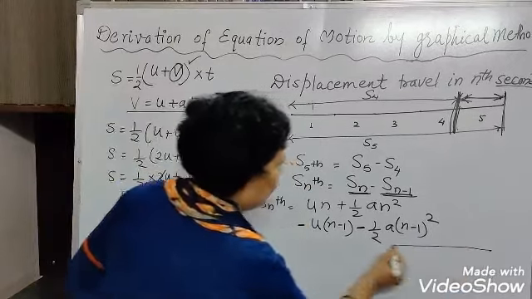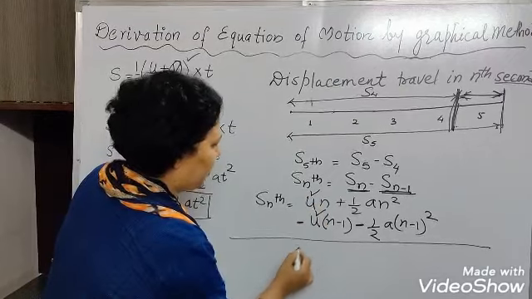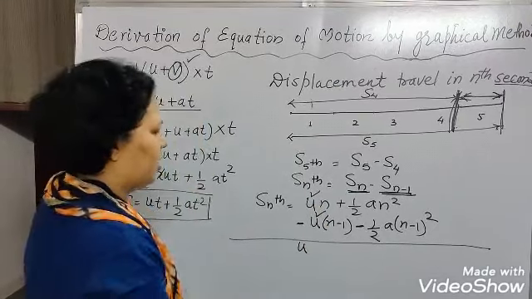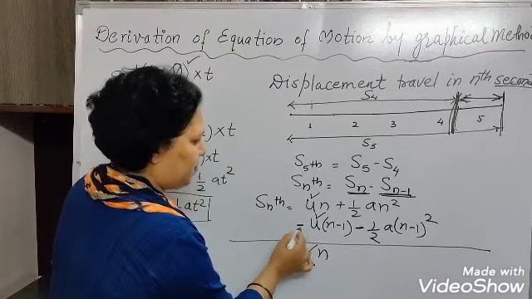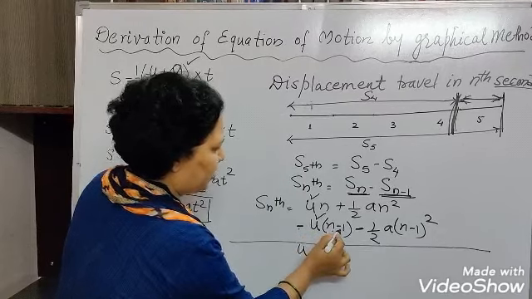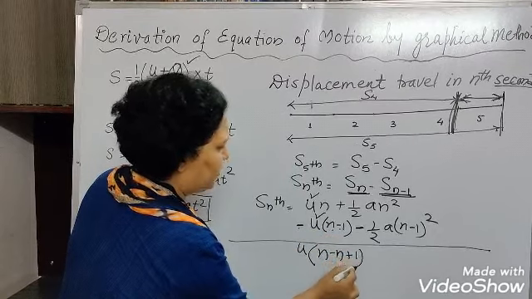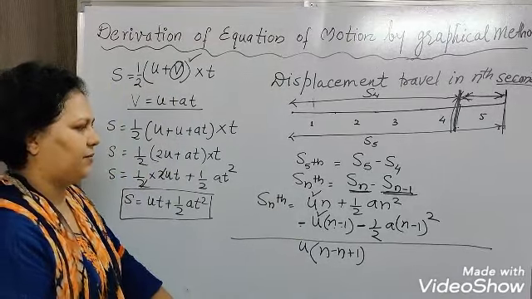So what will this become? You can see that you will take u common here. It will become n, this is minus n, and minus 1 will become plus 1. It is u into n minus n plus 1.